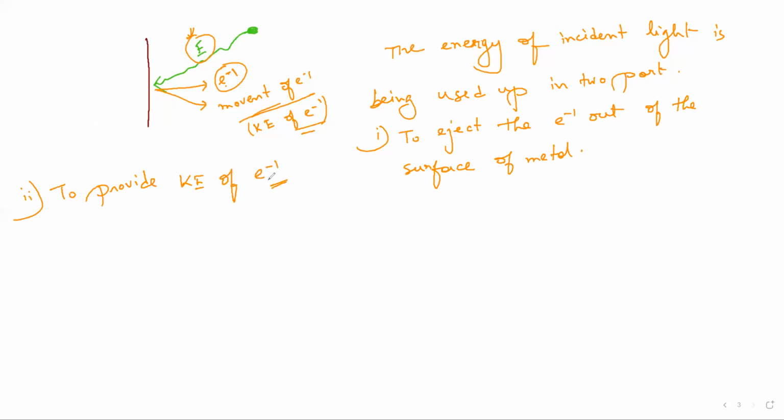Okay, now look, incident energy. I already told you, one is energy to eject an electron, and the second is energy to move the electron.